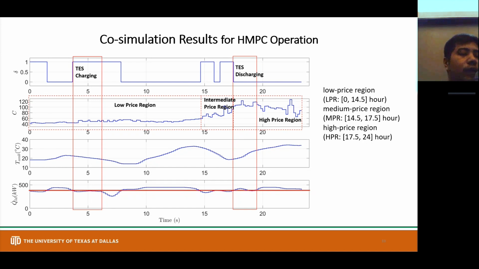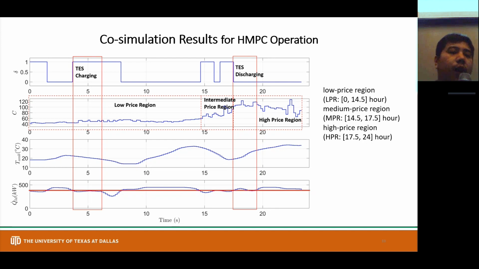We can find that in the low price region, the model switch is dominated by the cooling load disturbance. When the cooling load is low, the mode becomes TS charging around the 5 hour, and when the cooling load is higher, in between the 2 and 3 hour, we can see the TS is discharging.